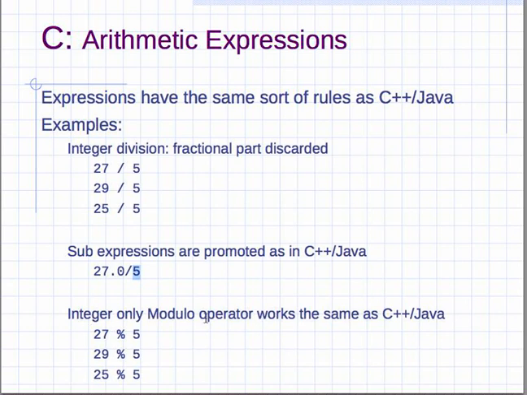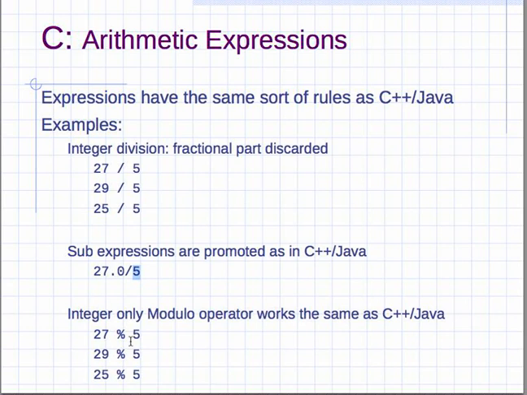The modulo operator, integer only, works the same as in C++ and Java. You've probably seen this. I would say modulo operator; some people say remainder. 0 mod 5 is 0, 1 mod 5 is 1, 2 mod 5 is 2, 3 mod 5 is 3, 4 mod 5 is 4, 5 mod 5, you have to be careful, is 0.